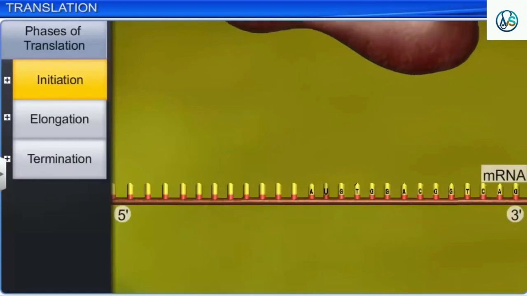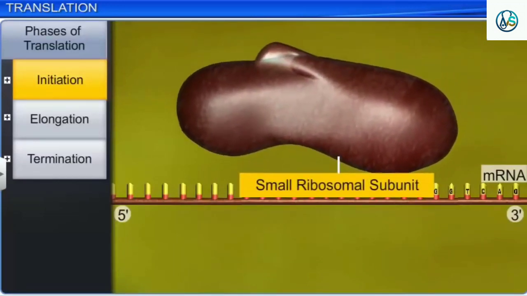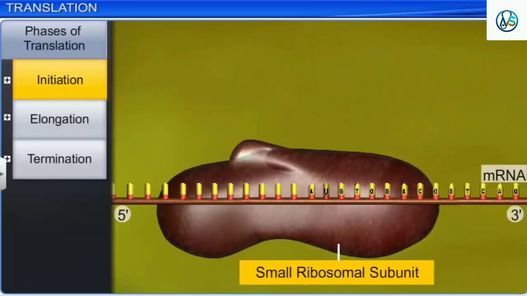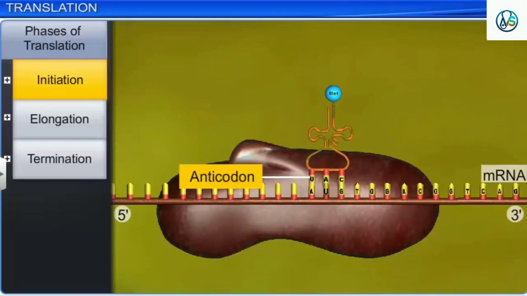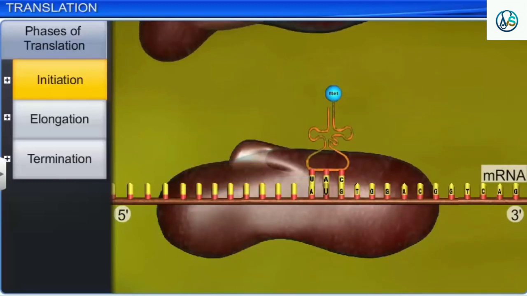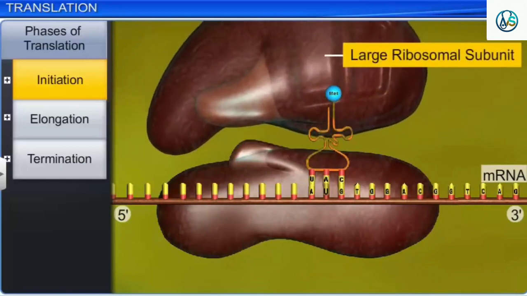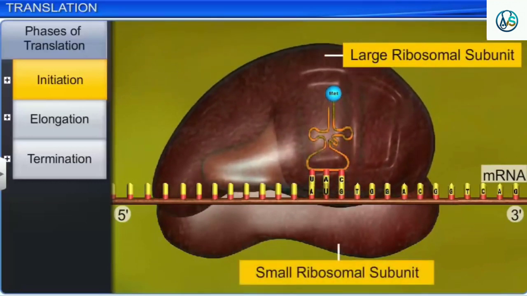In the initiation phase, the small subunit of the ribosome moves along the mRNA strand to locate and bind to the start codon AUG. The first aminoacyl tRNA carrying the amino acid methionine with an anticodon UAC binds to the start codon at P site, after which the large ribosomal subunit binds to the small ribosomal subunit containing the mRNA.